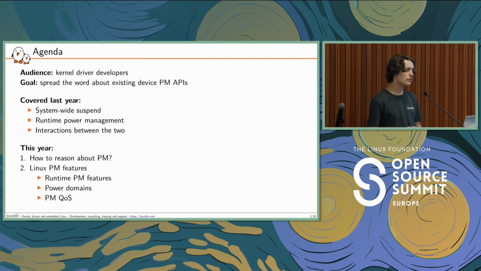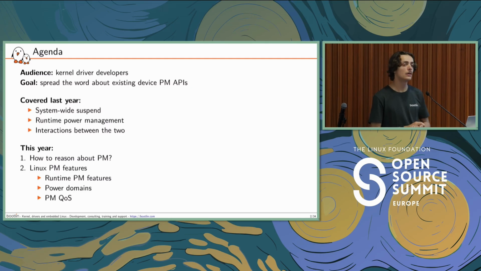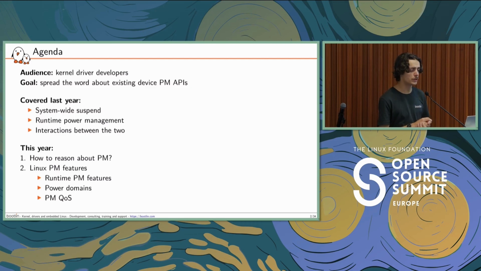The APIs I will cover are pretty not advanced, but they are not used by everyone, by every vendor, and maybe they should. I'm not saying they are all perfect, just I want to cover what currently exists inside the kernel, to make sure that if it makes sense, you at least know about it and can think about if it does make sense for your own platform, if it models your hardware well. So that's what we'll be covering this year.